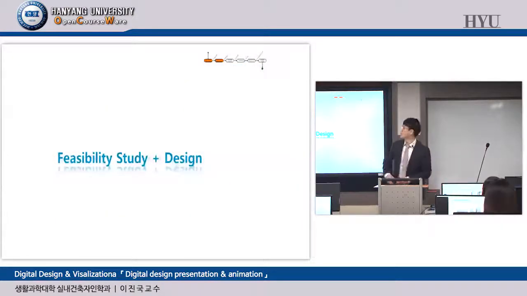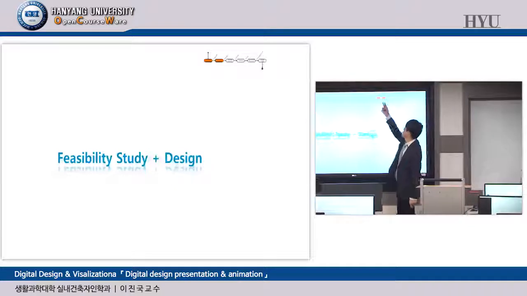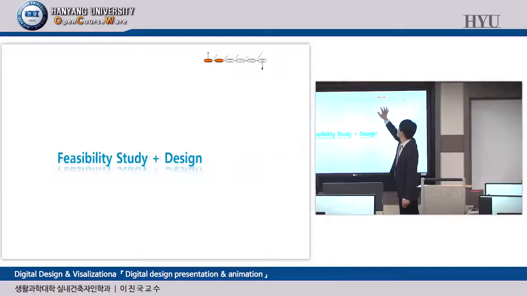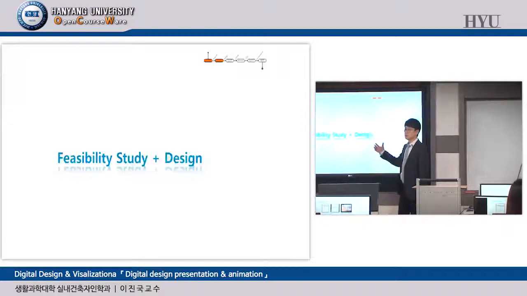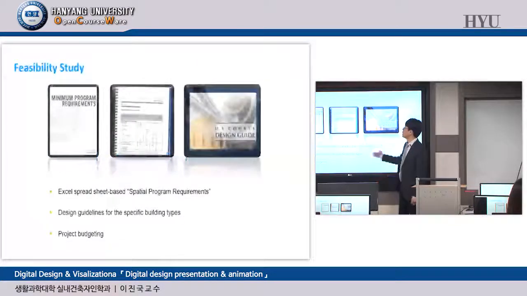Let's quickly take a look step by step, okay? Step by step, focusing on the front and the after process, skipping construction, okay? When we study project feasibility, schematic initial design and detailed design, let's take a look.